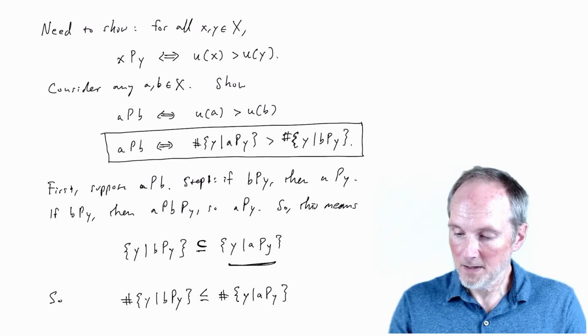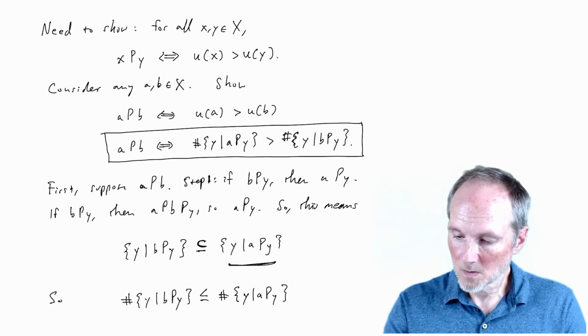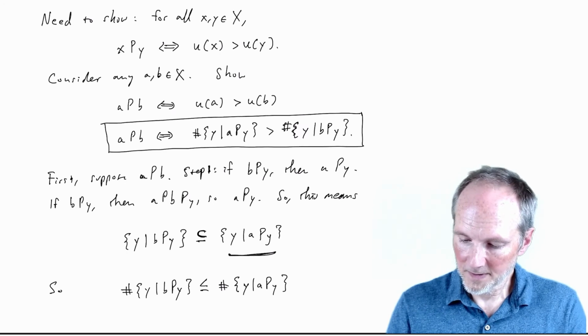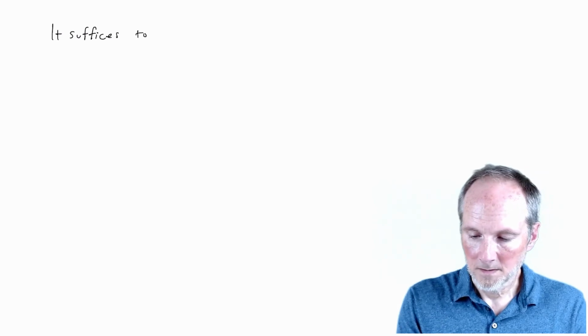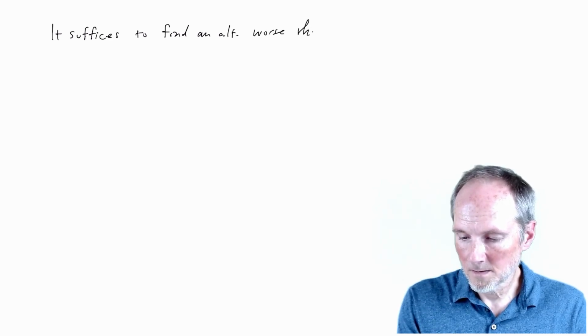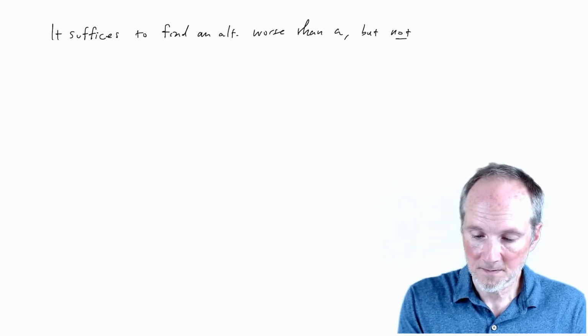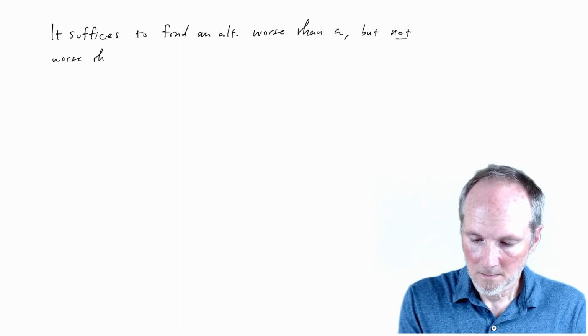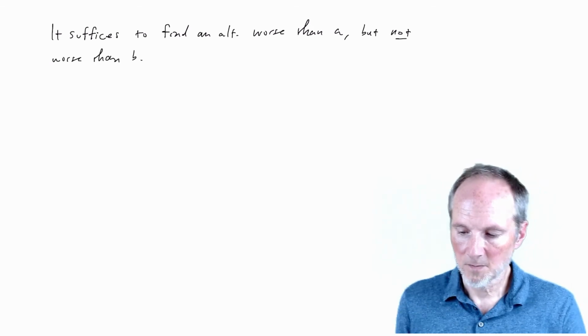Let me just go down to the next slide. So then it suffices to find an alternative that's worse than A, but not worse than B, right?